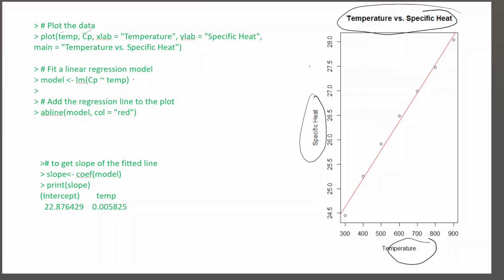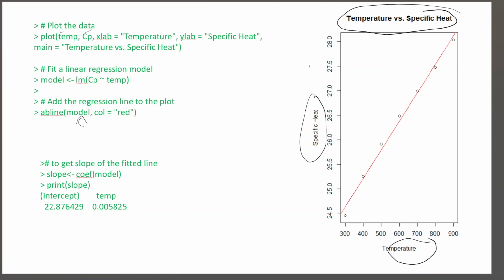Model means it will take the coefficients, that is the slope and the intercept. The linear regression model will have two parameters, the slope and the intercept. These will be fed to abline, and we are specifying the color red. So it will draw a fitting line, which follows linear regression.